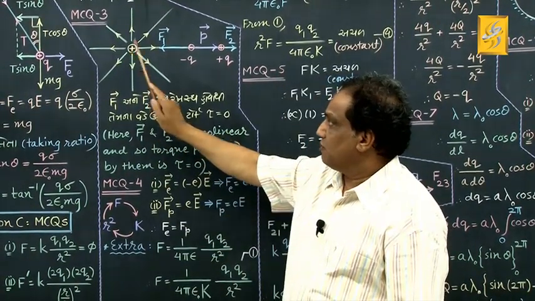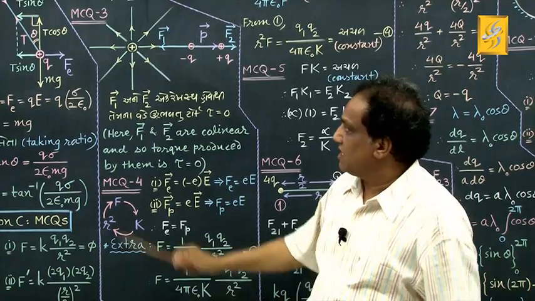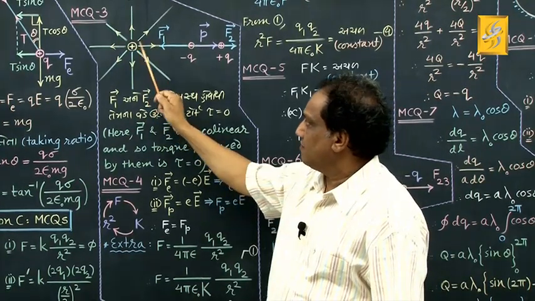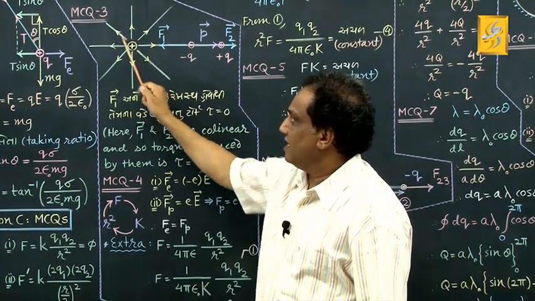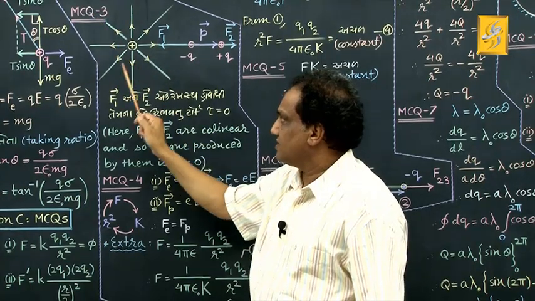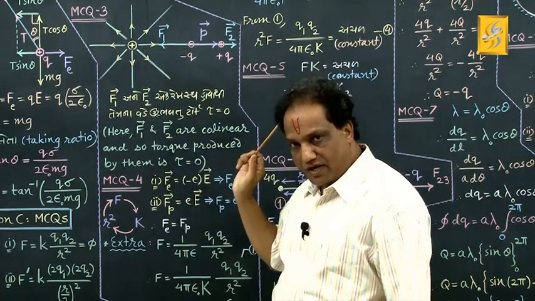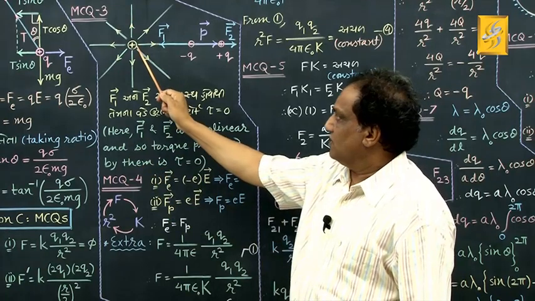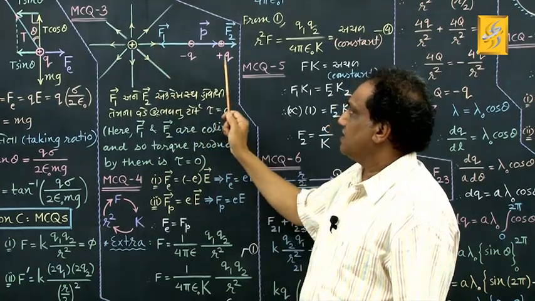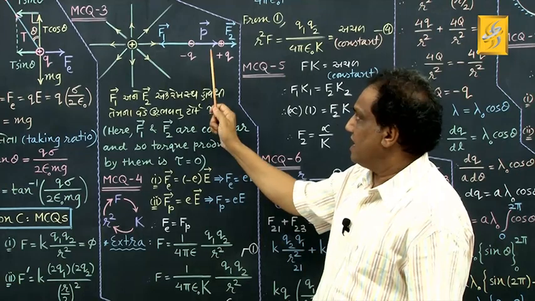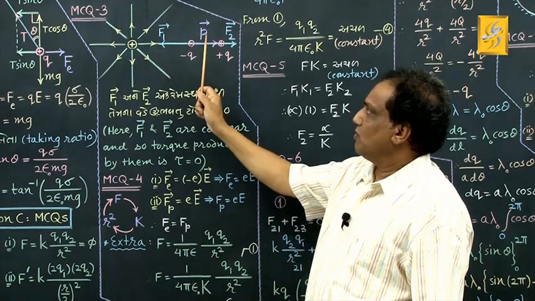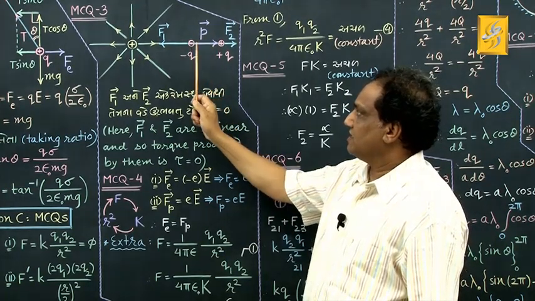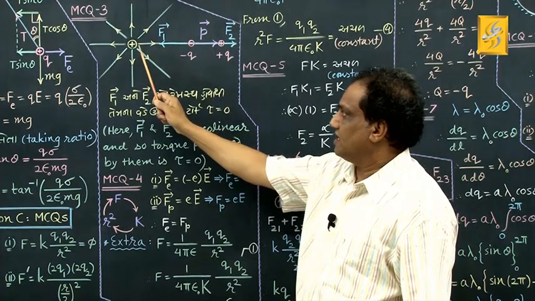Suppose that point charge is positive. For a positive point charge, you know its electric field is represented by radially outward electric field lines. Now, along this direction, suppose I place an electric dipole in such a manner that its dipole moment, from negative to positive charge, is in the direction of this electric field.